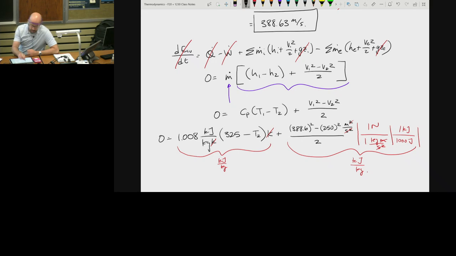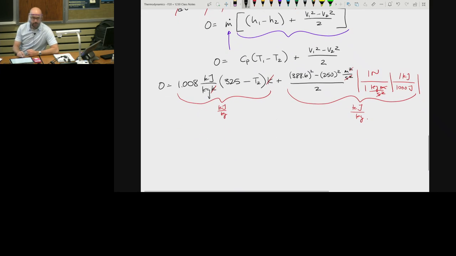Now I want to get through another problem here. So I'm going to just give you the answer that T2 is equal to 368.9 Kelvin. That's the answer when we go through the algebra. I think you could figure that out, just look at it in your calculator. So the temperature does go up. Slow things down, temperature goes up.